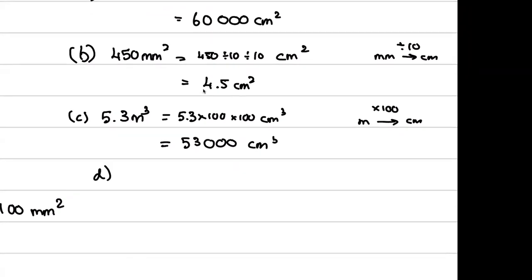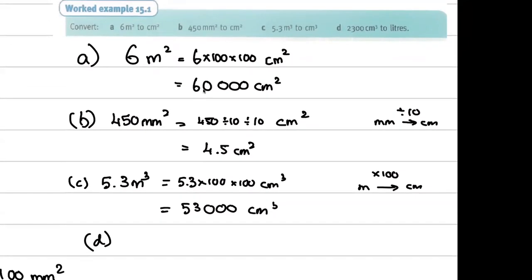And look at question D. Now if we're converting cubic centimeters to liters, you need to remember this is a special case. 1 cubic centimeter is equal to 1 milliliter.